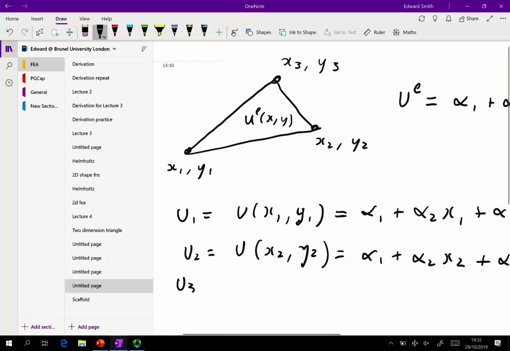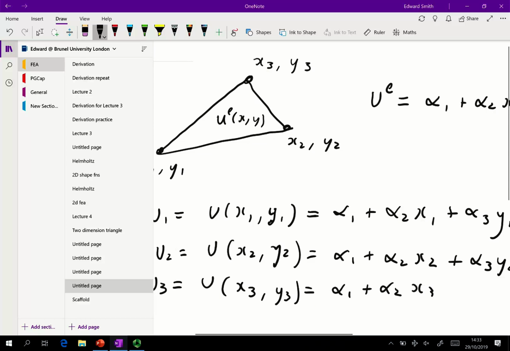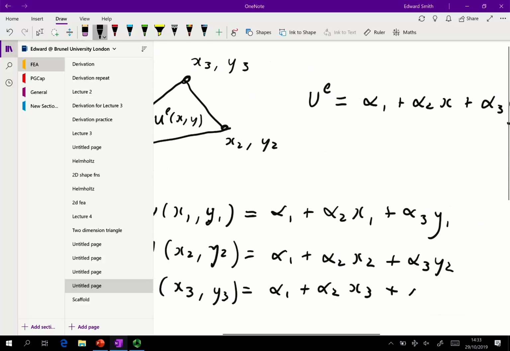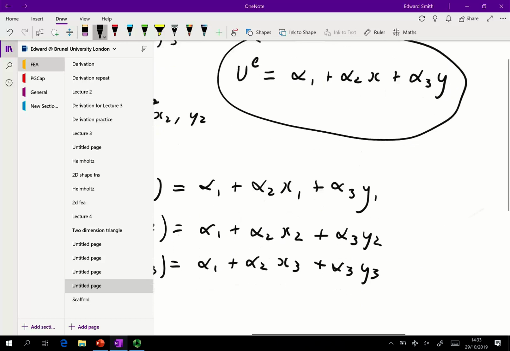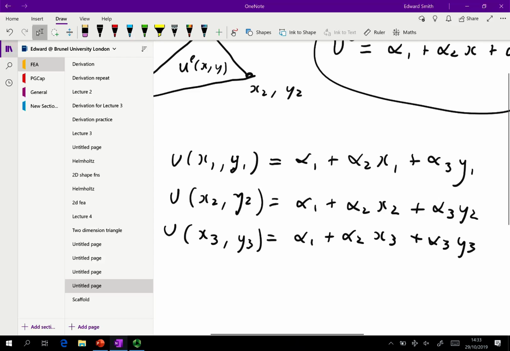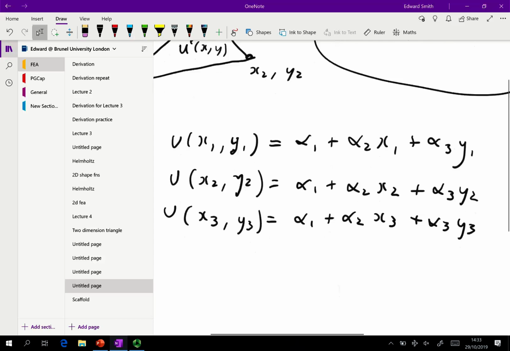And then finally u3 is equal to u at x3, y3, which is alpha 1 plus alpha 2 x3 plus alpha 3 y3. So all I've done is substitute in the 3 corners, the known values at those corners, into this general function for an element. Now the process is to solve in order to get the alpha 1, alpha 2, and alpha 3 values.